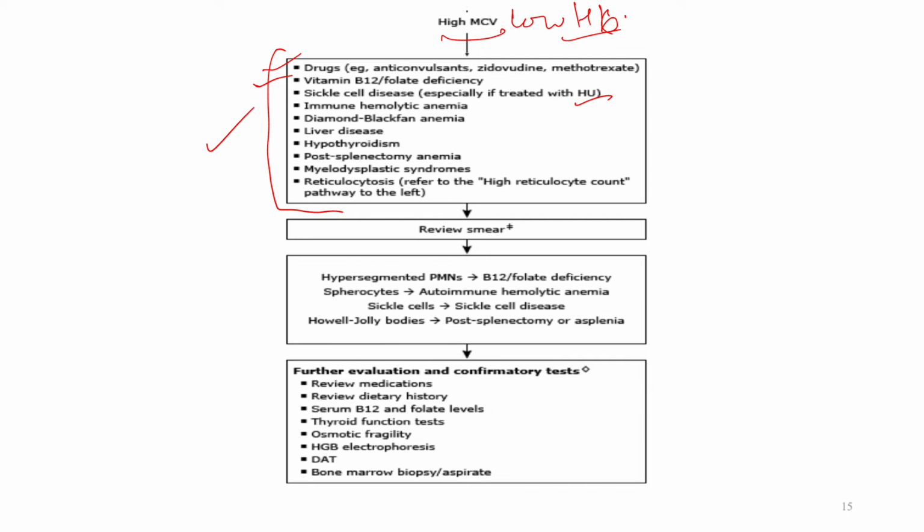These are basically the confirmatory tests if the patient presents with low HB, high MCV, and PBS suggestive of hypersegmented polymorphonuclear cells, spherocytes, sickle cells or Howell-Jolly bodies.